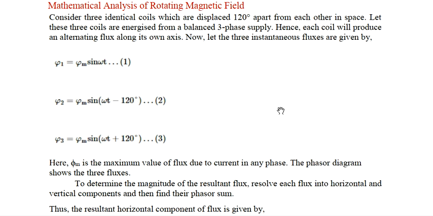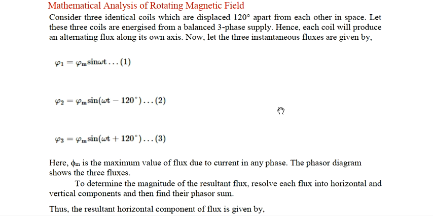Fine. And if we energize these three coils from a balanced three-phase supply, then we will get a rotating magnetic field. So these are the conditions to be satisfied for getting a rotating magnetic field with three coils.